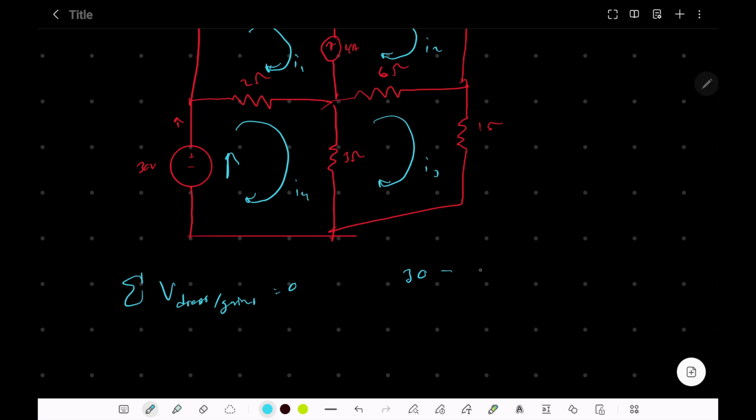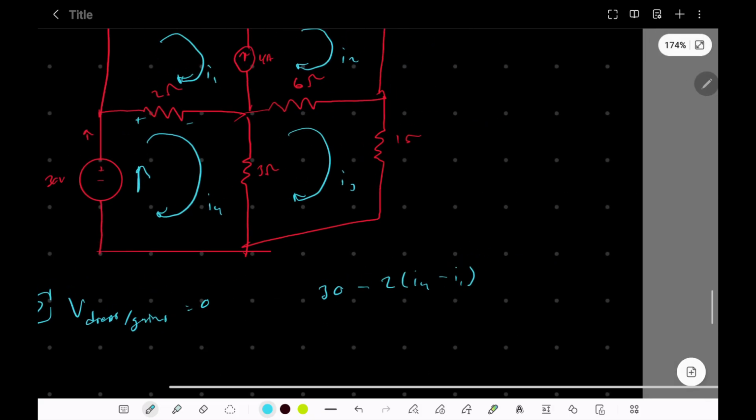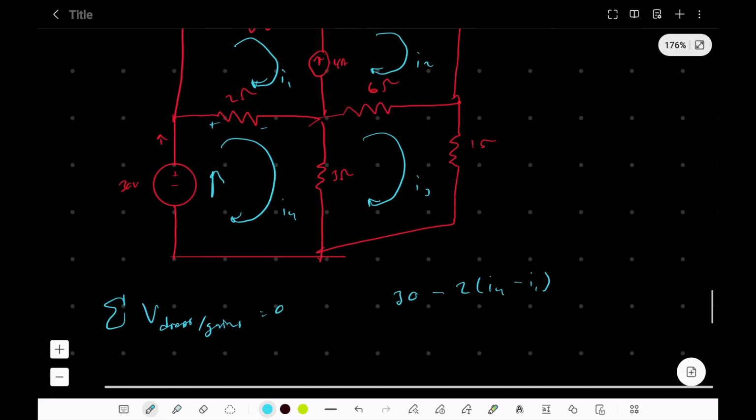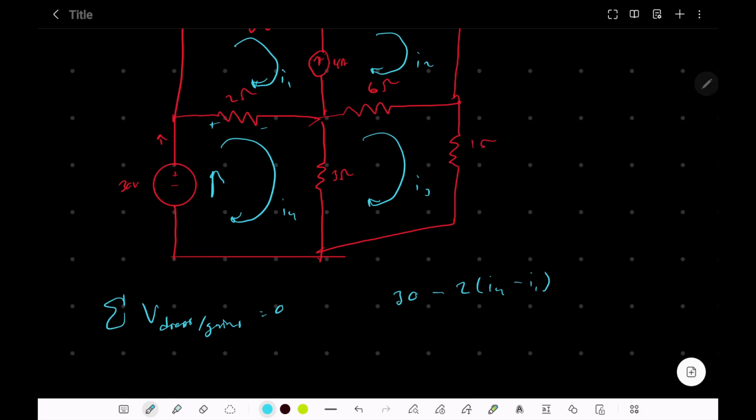And then we're going to drop off, since the power is going to be dissipated across the 2 ohm resistor, and so you got 2 times I4, but it's going to be opposed by whatever drop or gain the other mesh current is going to cause, and so this is going to be the net drop of voltage across the 2 ohm resistor. And let me move this over here.